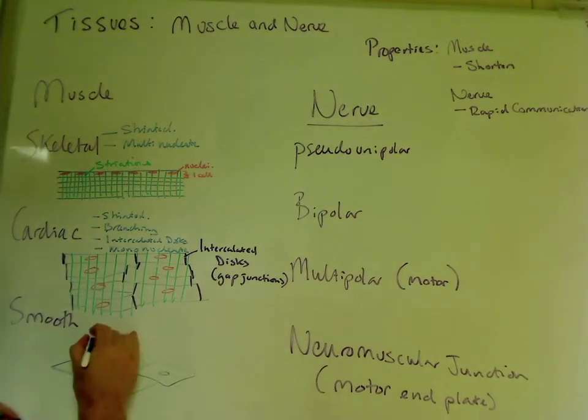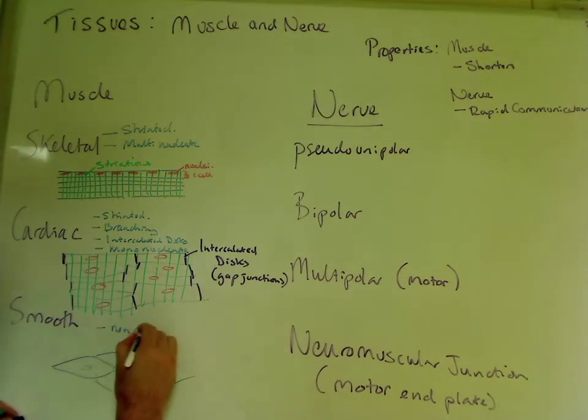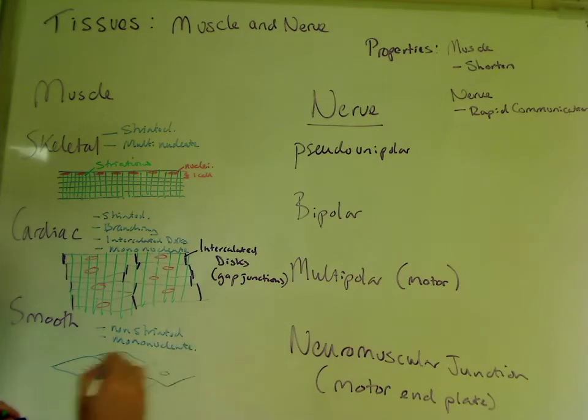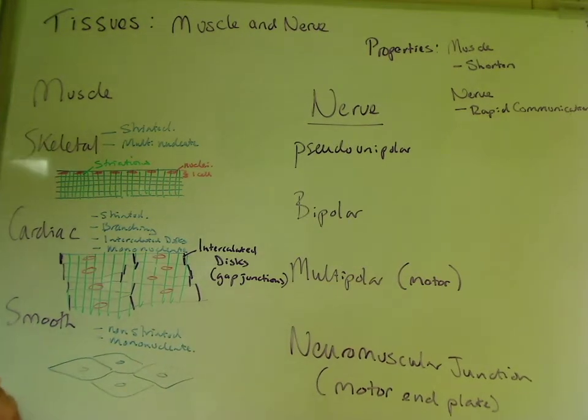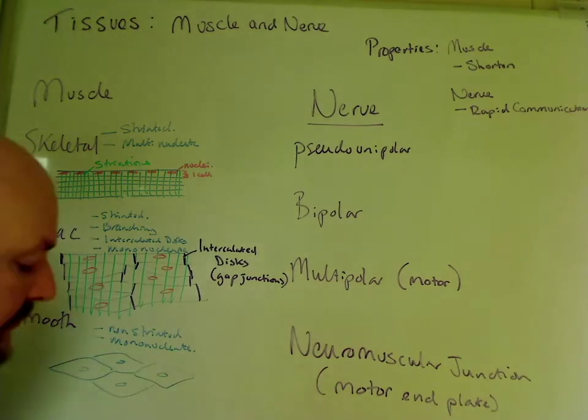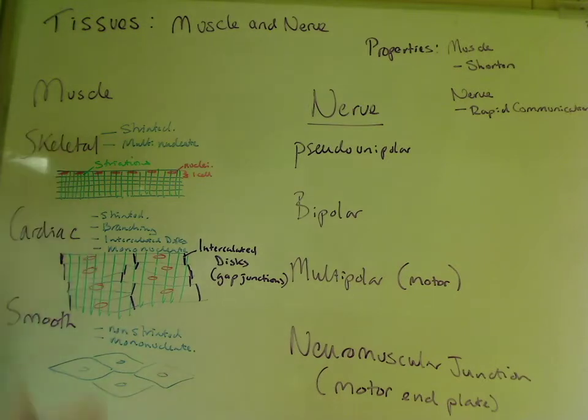So they're non-striated, mononucleate, and they look very different from these two. Generally they're stained pink, and so you just tend to see this sort of pink wavy material in there. Alright, so that's our 3 types of muscle and how we tell them apart.